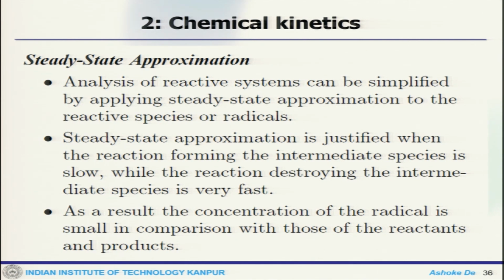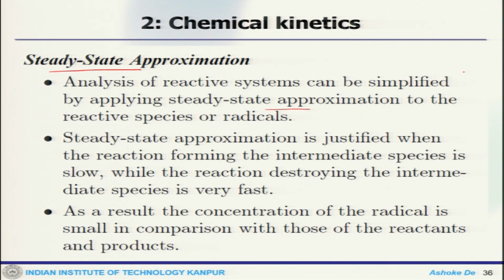Now, there is an approximation which is very common in this equilibrium analysis, the steady state approximation. The analysis of any reactive system can be simplified by applying the steady state approximation to the reactive species or radicals, because as we have seen in the intermediate reaction steps, we get all these radicals.